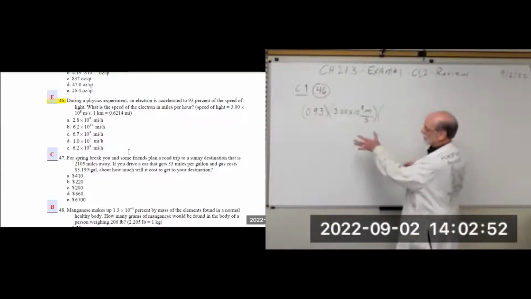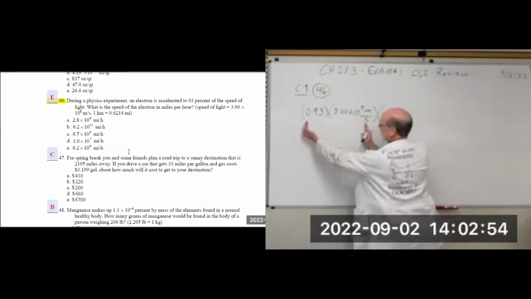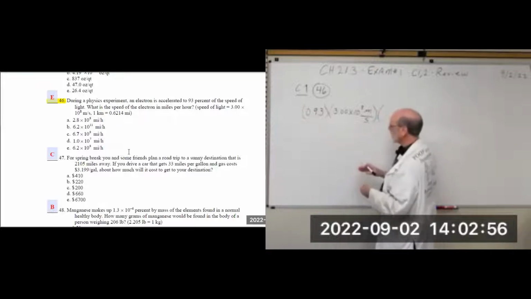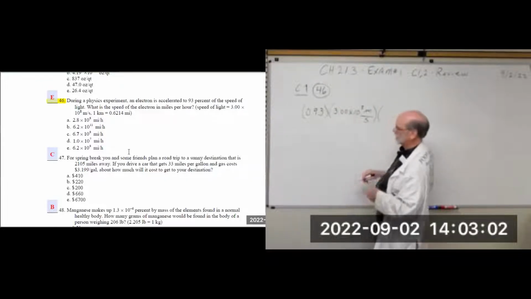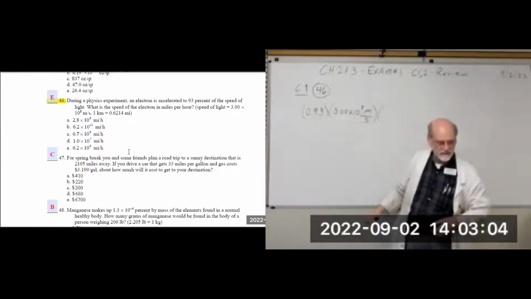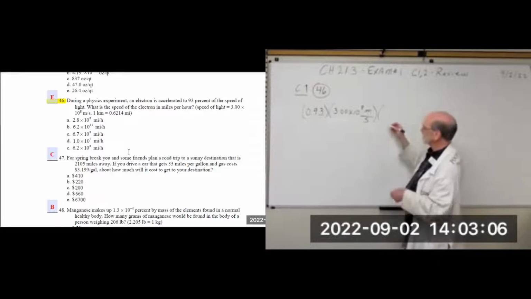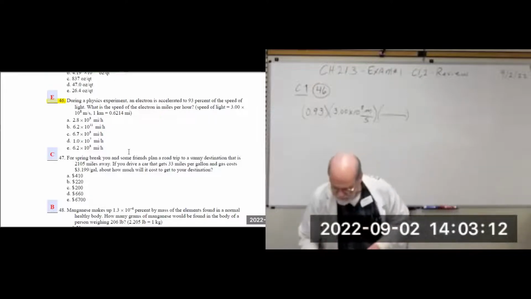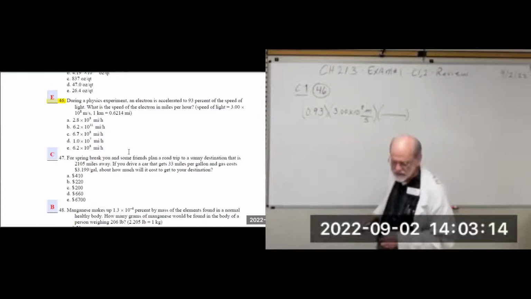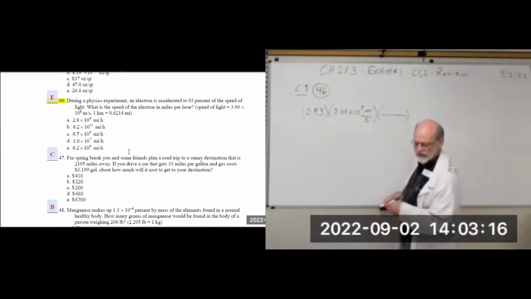Okay, so this is what we're changing right here. This determines the number of significant figures because this multiplier has infinite significant figures. So we change miles per hour. Okay, so what are we given? Kilometers is 0.6214 miles.